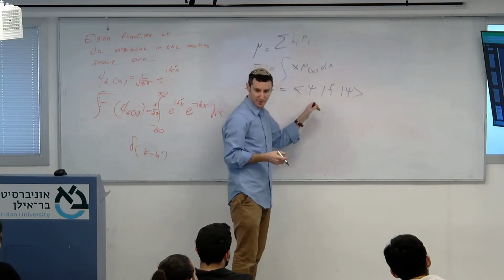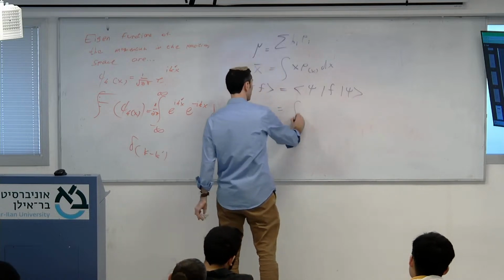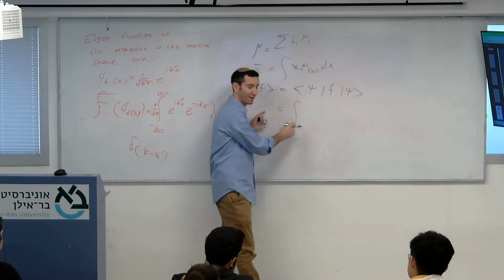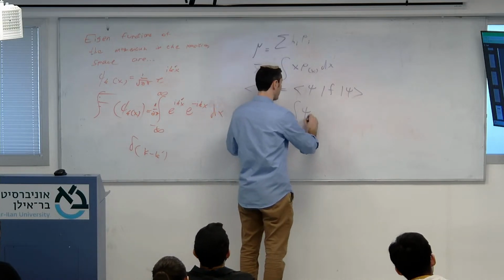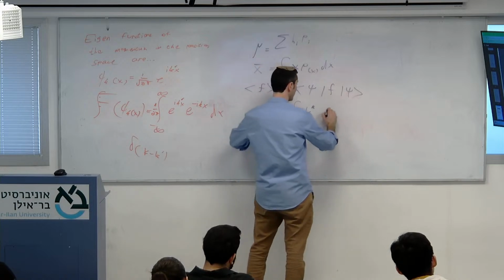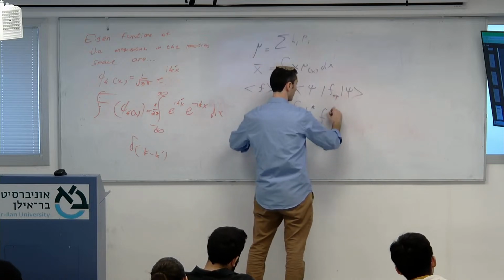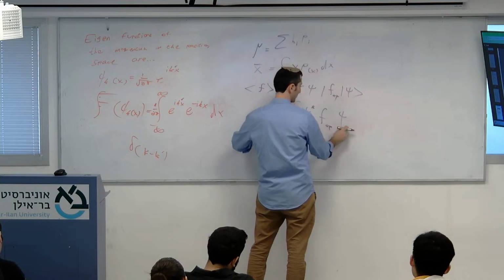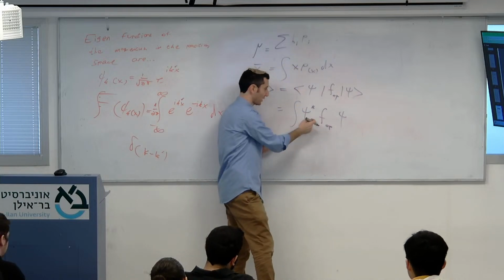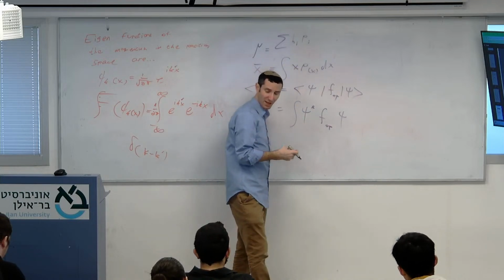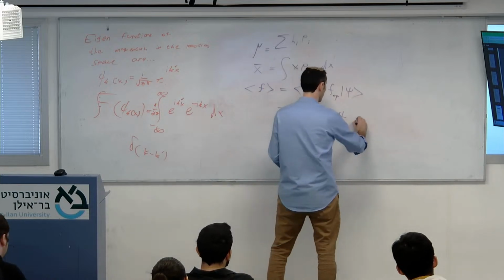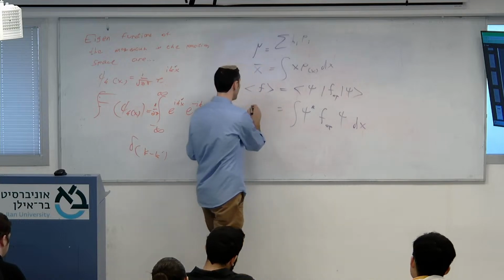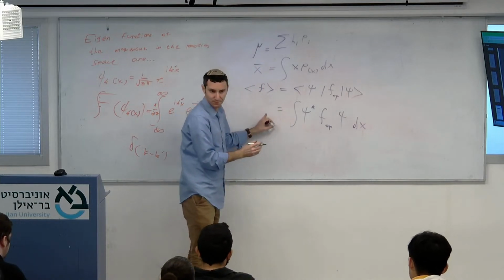And this one here is the complex conjugate. What it means here in the language of functions, which is what we're going to see in the next few weeks, we're going to have psi complex conjugate times the operator acting here, or you can act the complex conjugate on this, as long as we're talking about a Hermitian operator. Integrate dx, and here you get the mean of f.